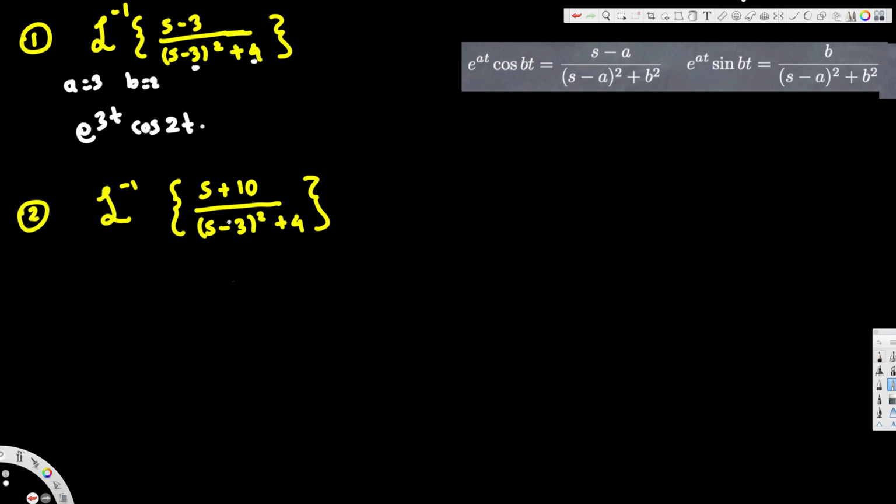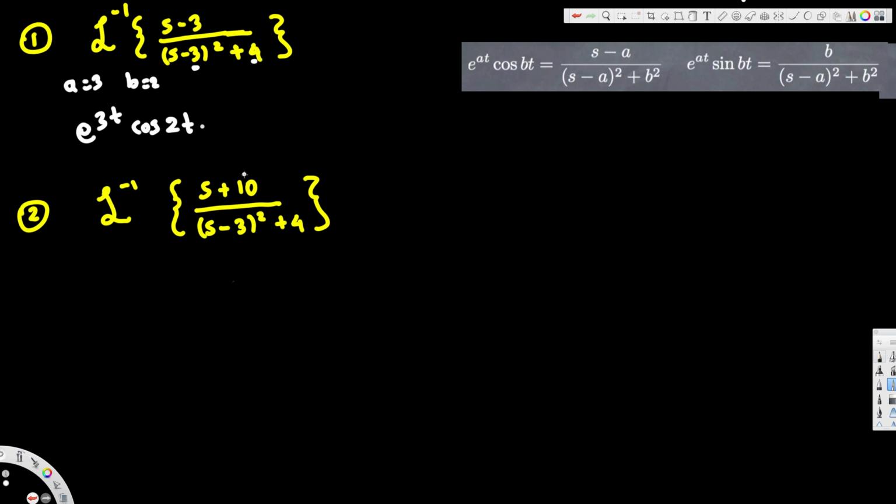Now let's look at this one. Here we have (s + 10) over (s − 3)² + 4. This is also matching e^(at) cos(bt), but there's a problem. In the numerator we have to have s − a, the exact same number, like s − 3, but we don't have that one.